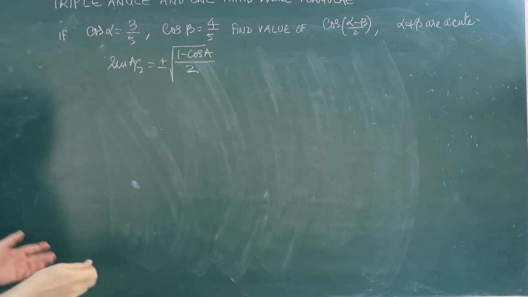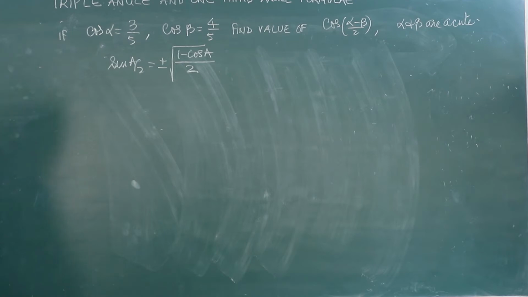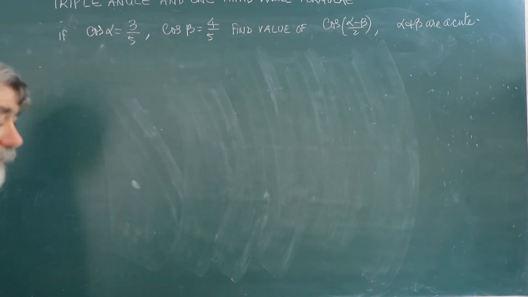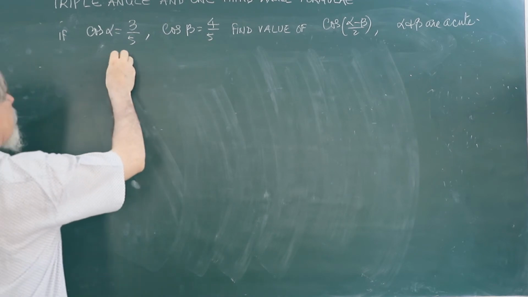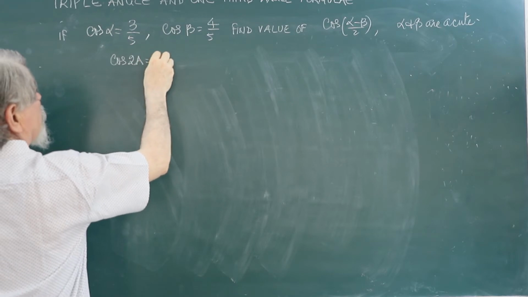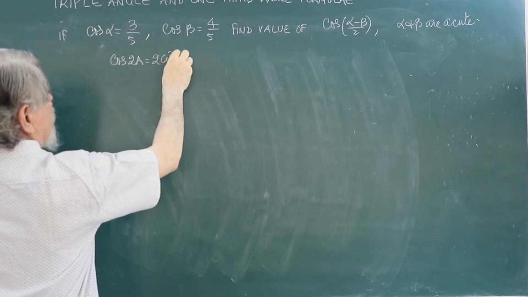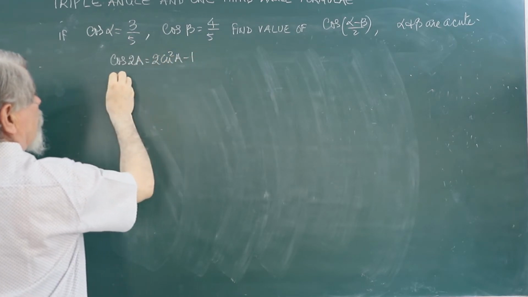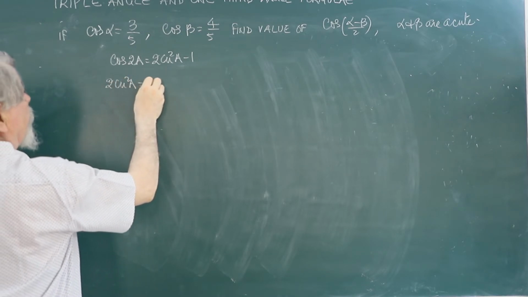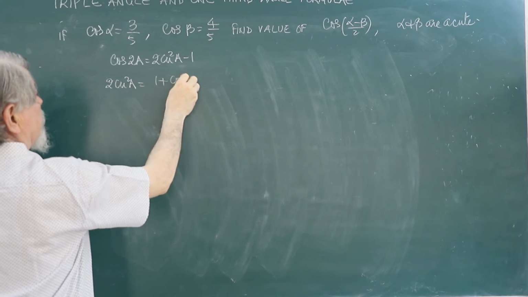If you don't remember, you can directly do the question again. Start again. If you don't remember this formula, at least you will remember one formula, that is cos 2A is 2 cos square A minus 1. Or I can say 2 cos square A will be 1 plus cos 2A.